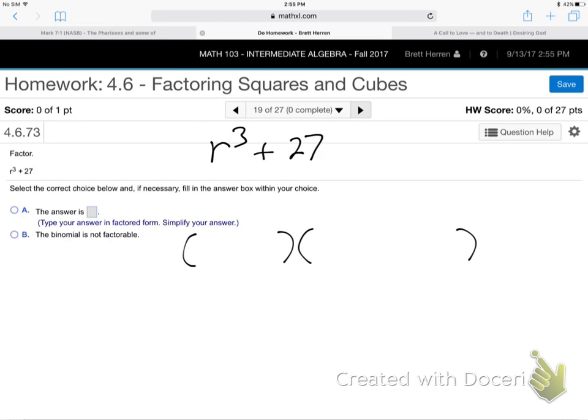R cubed is R R R. 27 is 3 times 3 times 3. Right? So triple.